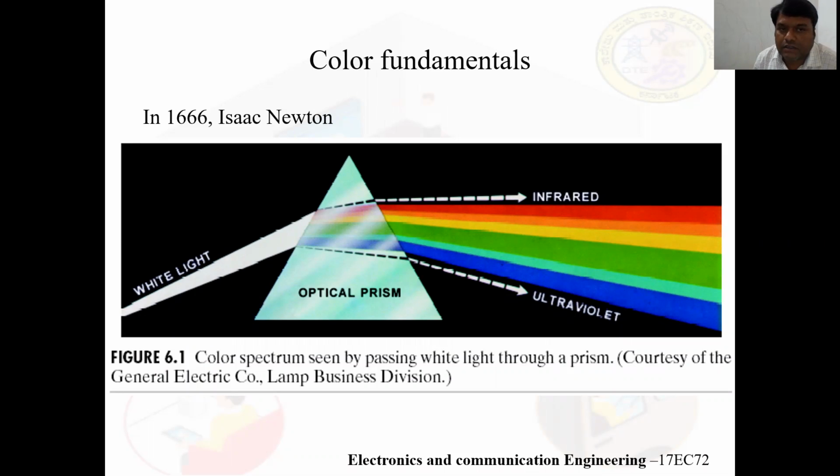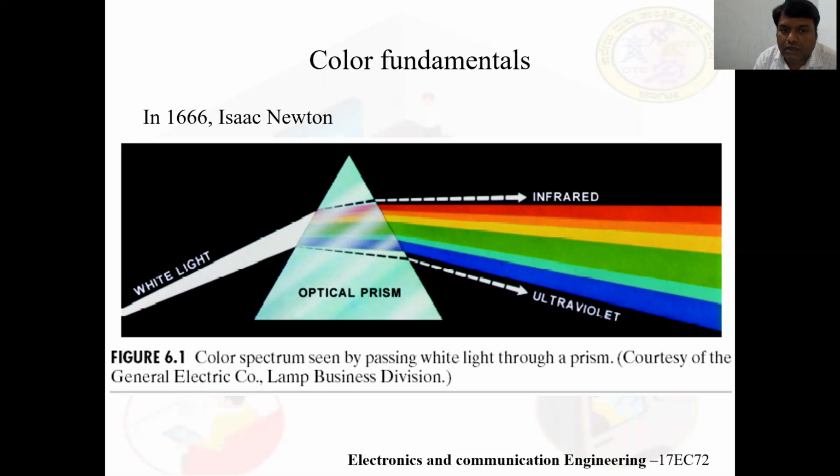Color fundamentals. In 1666, Sir Isaac Newton discovered that when a beam of light passes through a glass prism, the emerging beam of light is not white but consists of a continuous spectrum of colors, that is VIBGYOR. Basically, the colors that humans and some animals perceive are determined by the nature of light reflected from the object.